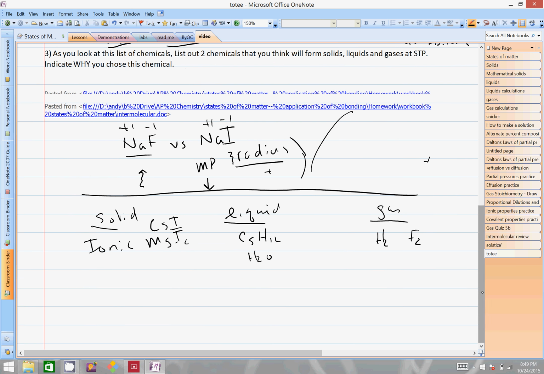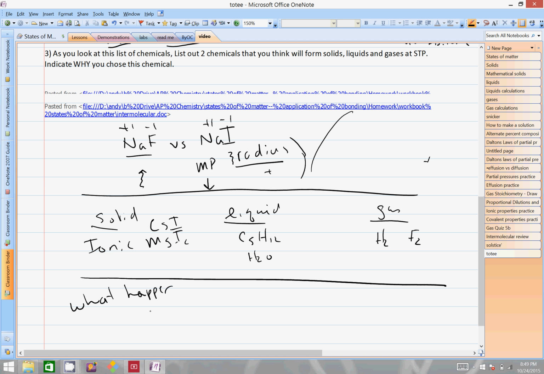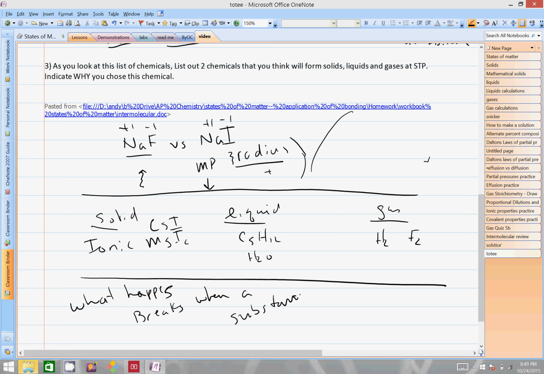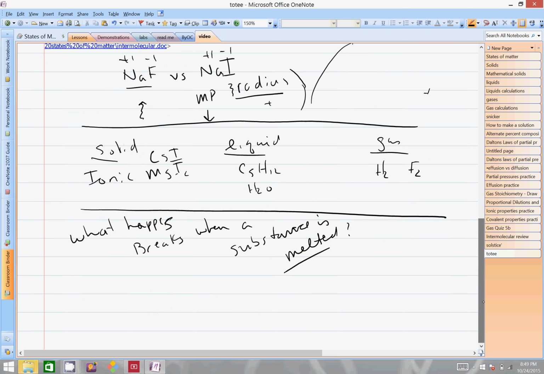I guess the only other thing you want to keep in mind is what happens, or what breaks, when a substance is melted. That is one of our big ideas, and it ends up affecting its melting point.